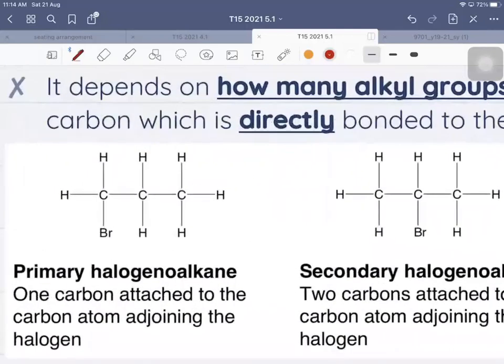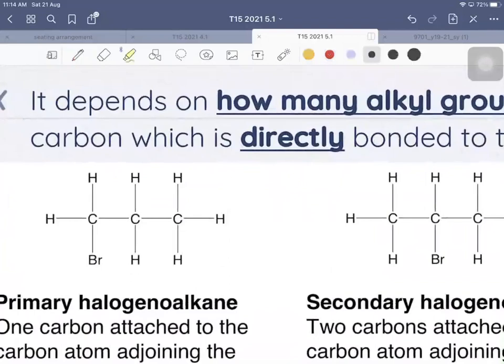Okay, so we want to first highlight your halogens and the carbon that is directly attached to it. So for the first example, where we have your primary halogenoalkane, I am interested in the carbon-bromine bond, the carbon-halogen bond. Okay, so that carbon that is highlighted, I want to count how many alkyl groups are directly attached to that carbon.